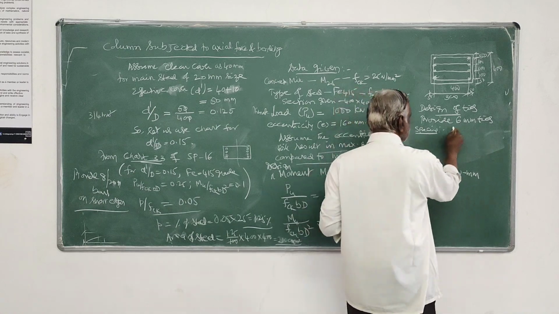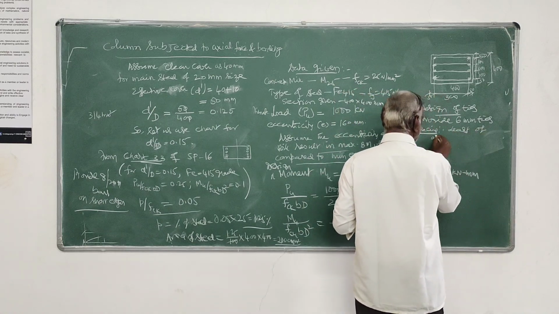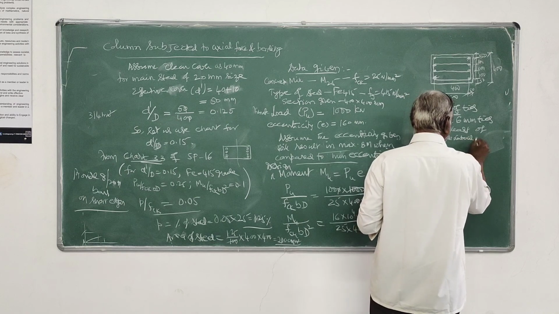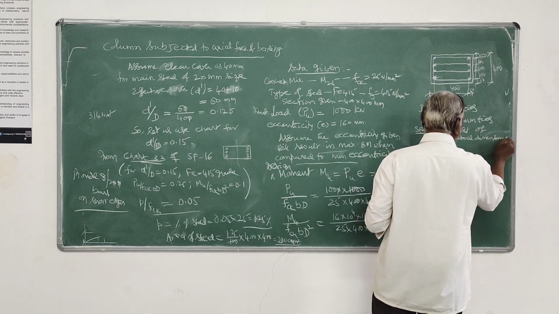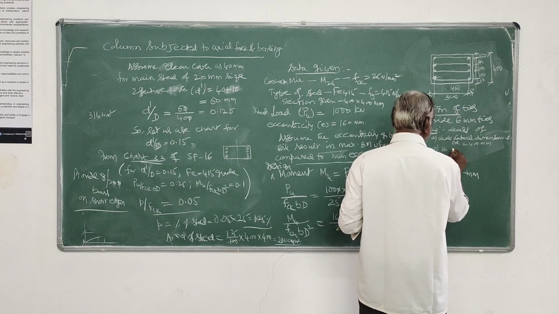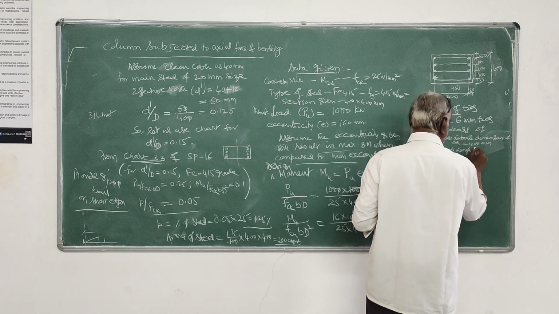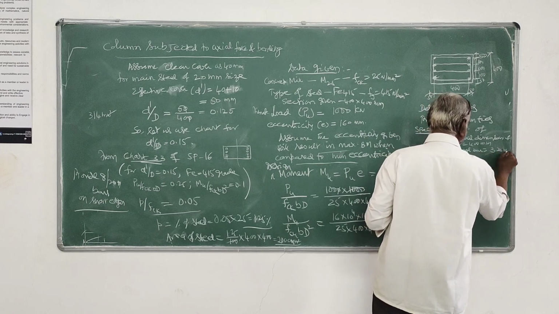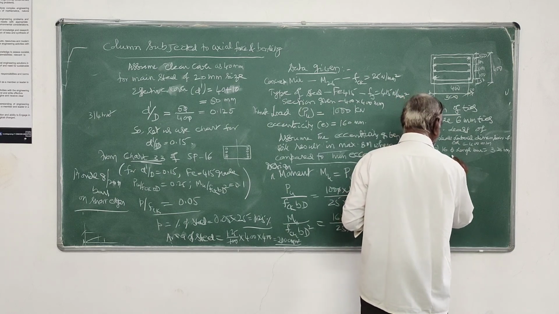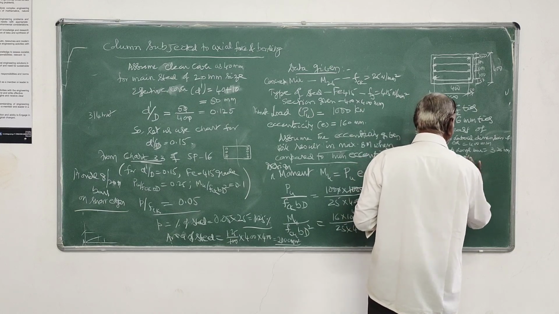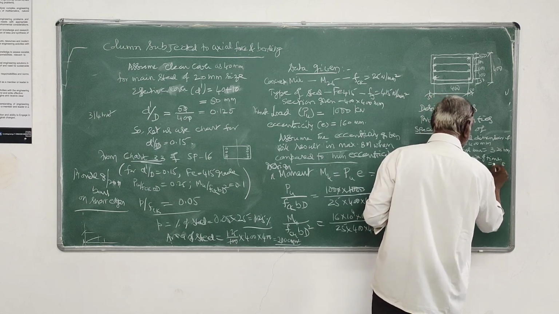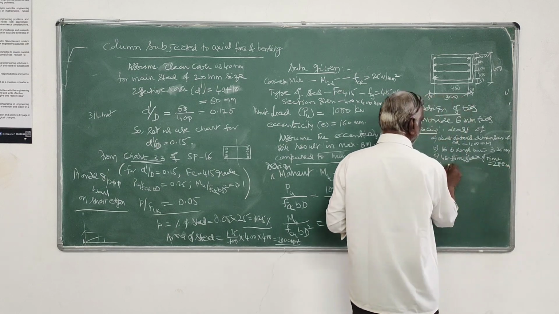So the spacing of tie should be the least of: the least lateral dimension of the column, which is 400 millimeters; then 16 times the diameter of the longitudinal bar, that is 320 mm; then 48 times the diameter of the tie, that is 288 mm. So 288 millimeter or 300 mm.